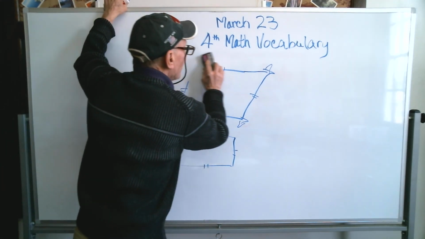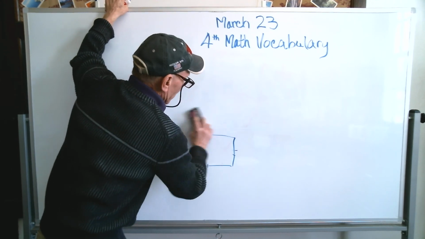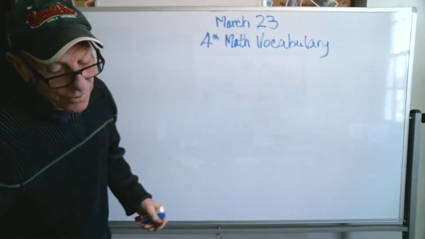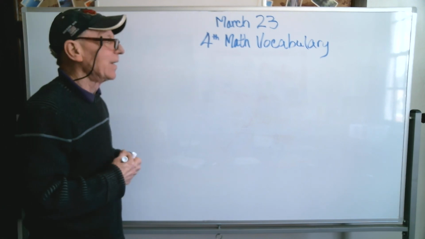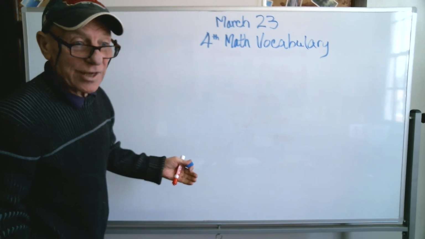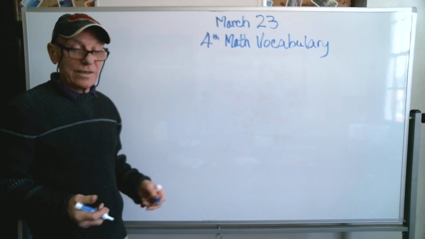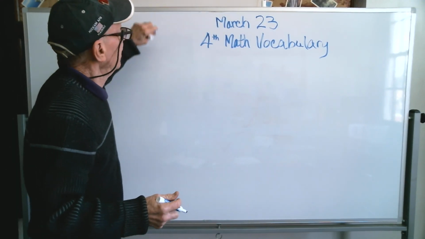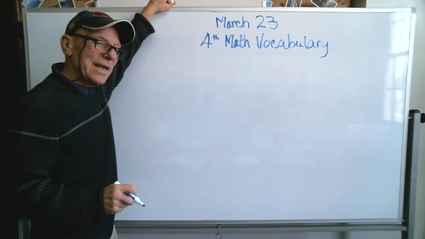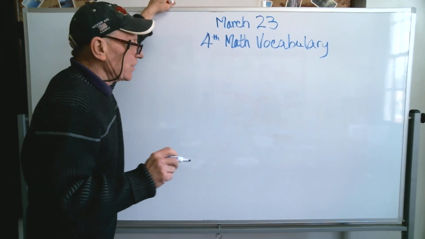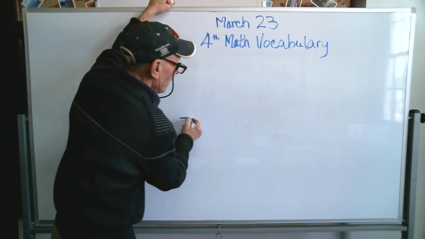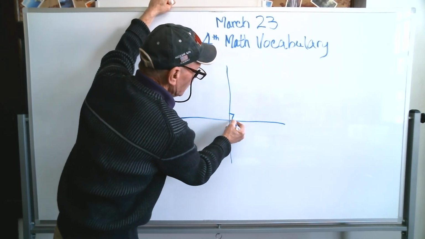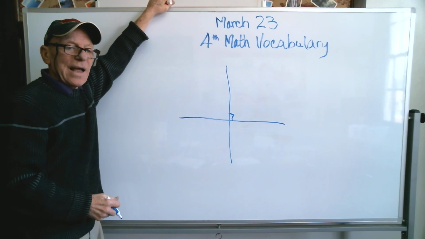Now, we know that parallel lines run alongside each other and never touch. And we know that lines can intersect, and that's called an intersecting line. Another vocabulary that you need to understand is perpendicular. When something is perpendicular, it means it crosses at a 90-degree angle.